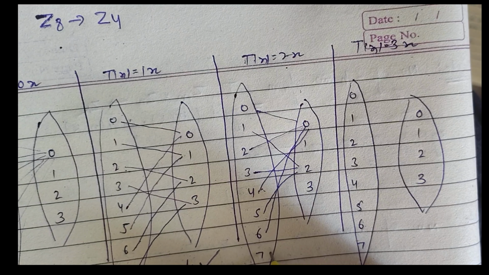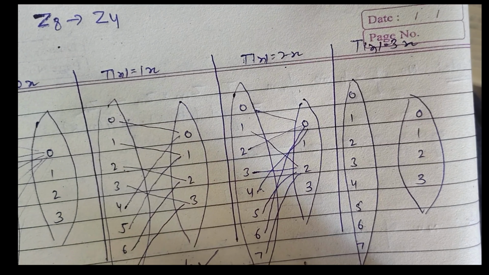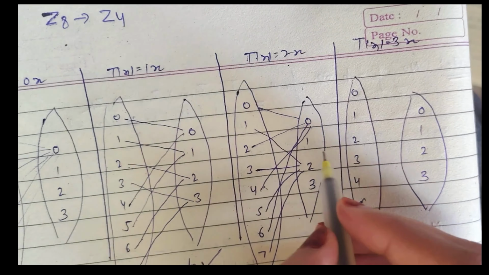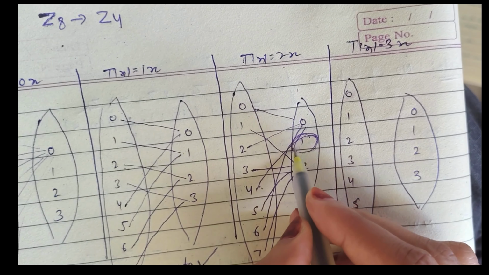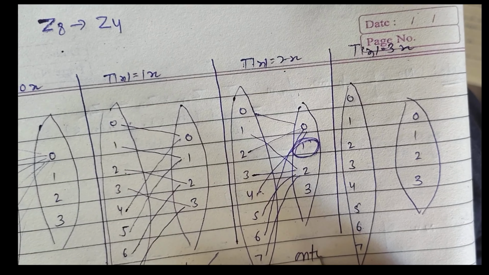And 7 twos are 14, and 14 in Z4 is 2 again. So clearly 1 has no preimage, hence it is not onto.